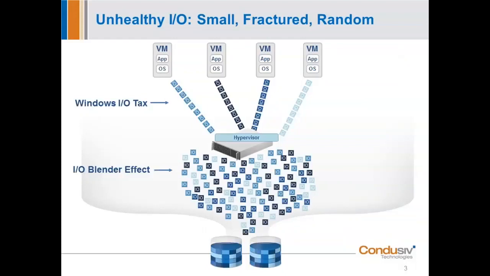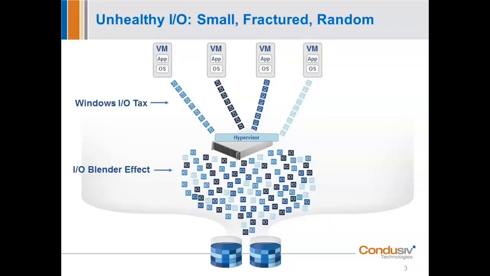Yeah, let me just do this quickly here. There's two effects here. The first one is the Windows I/O tax, we call it. On the Windows system, when a file gets created or extended, the Windows system tends to break it out into small random I/Os rather than a nice contiguous I/O.